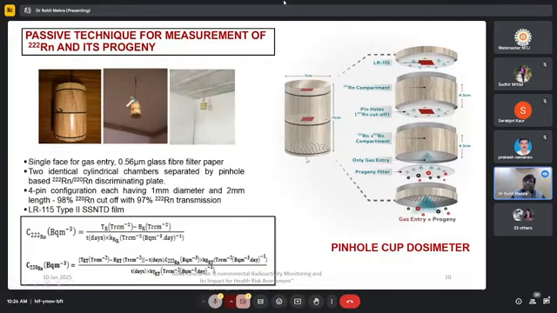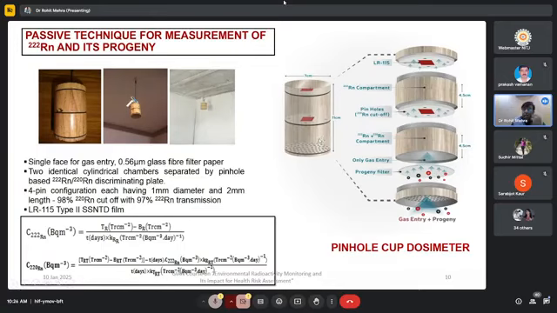So once the gas enters, it has both the radon and the thoron contribution, but radon has a little bit higher half-life, and thoron is very volatile, so it cannot penetrate through the four holes which have been provided within the first compartment.